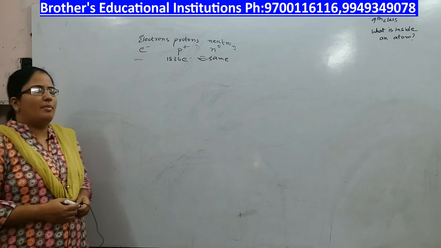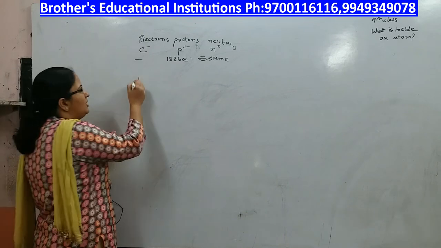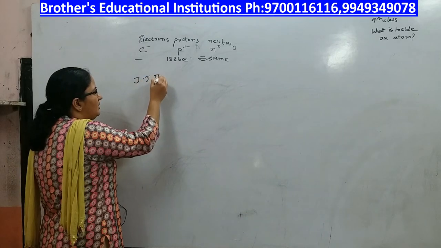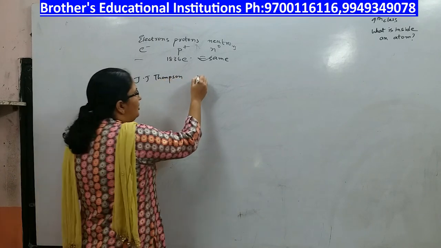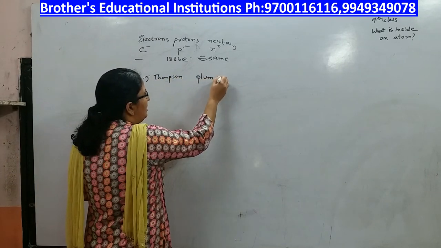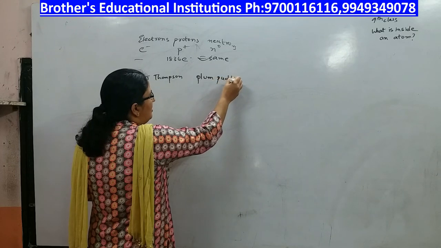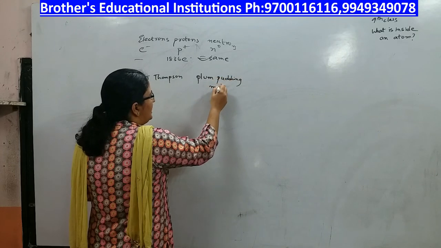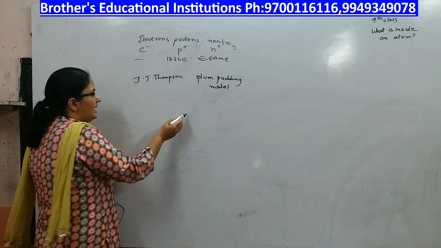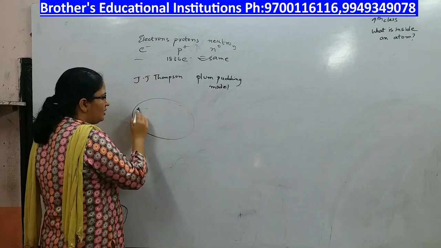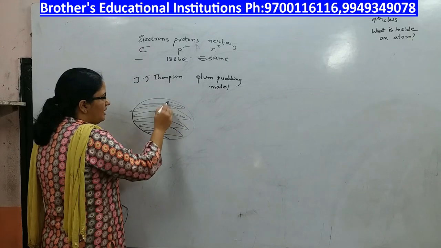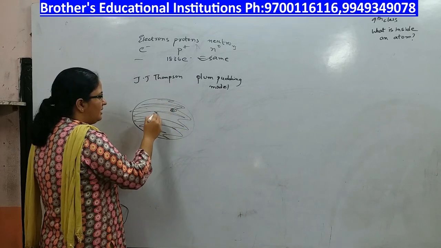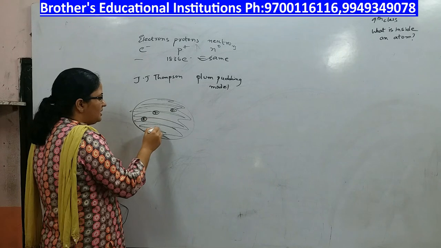The first atomic model was given by J.J. Thomson. His model was also called the plum pudding model. J.J. Thomson said that the entire positive charge is distributed throughout the atom, which is spherical, and electrons are embedded in the positive charge.